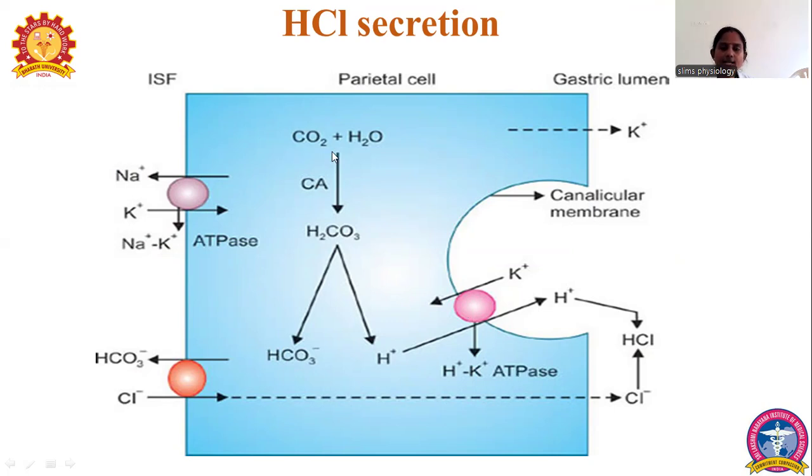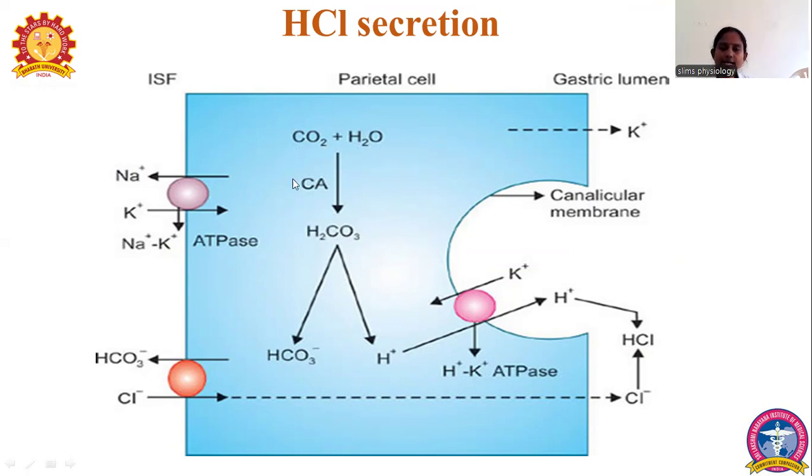Usually inside the cell, as a product of metabolism, we always have carbon dioxide. Apart from that, sometimes carbon dioxide also diffuses from the plasma through the interstitial space into the cell. This carbon dioxide associates with water inside the cell and forms carbonic acid.